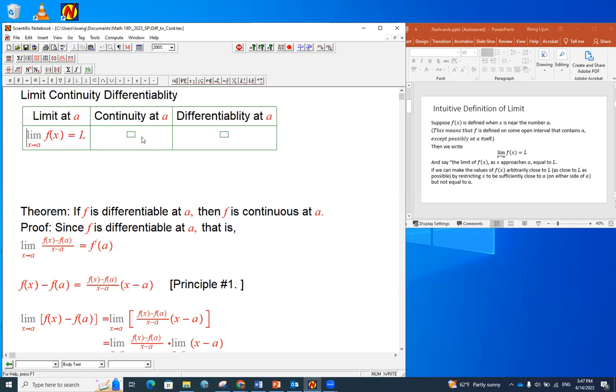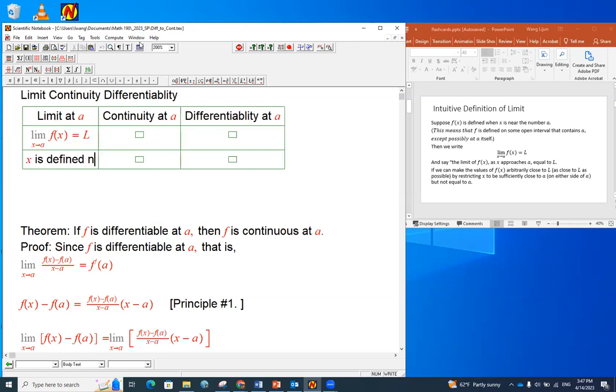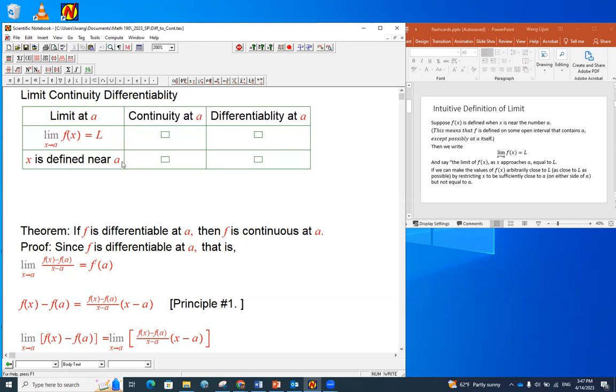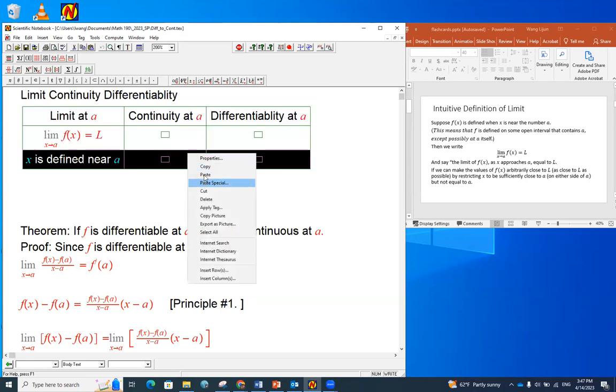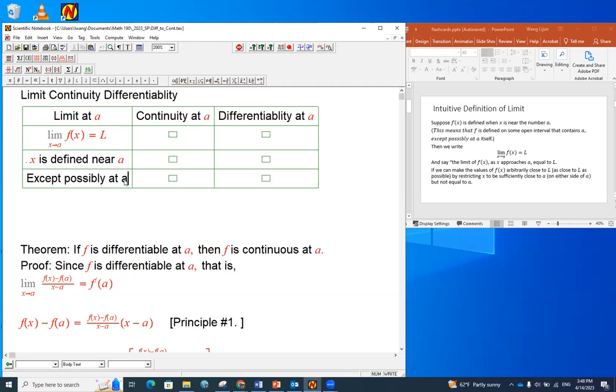If you look at the fine print, f is defined in some open interval near A, except possibly at A. So the function may or may not be defined at A, but we don't mind even if it's not defined at A.